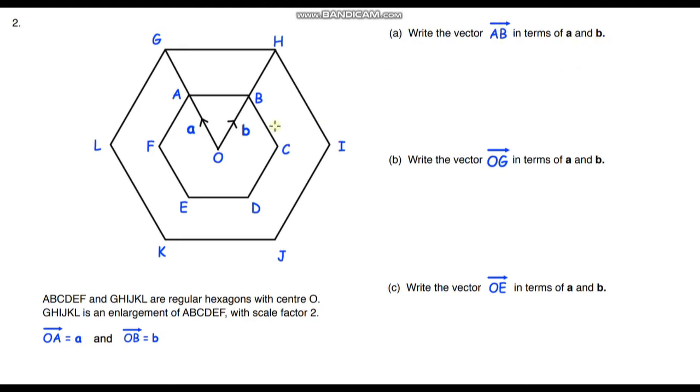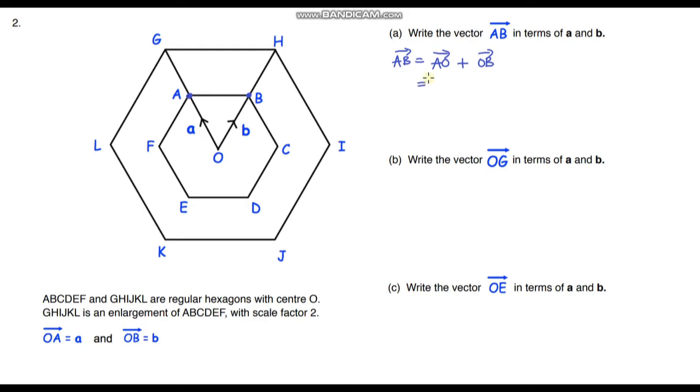So the vector AB, we're starting at A and we're finishing at B. Let's write that down. So vector AB. Again, we don't know what this vector is straight from A to B, but we can take a different path. We can go down from A to O. So vector AO, and then if we add on vector OB.